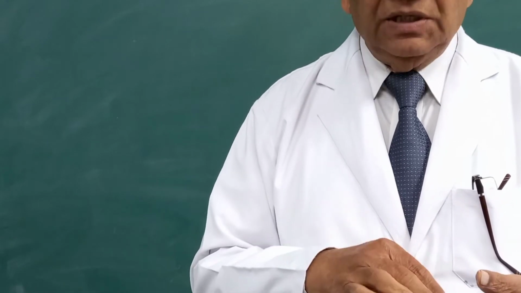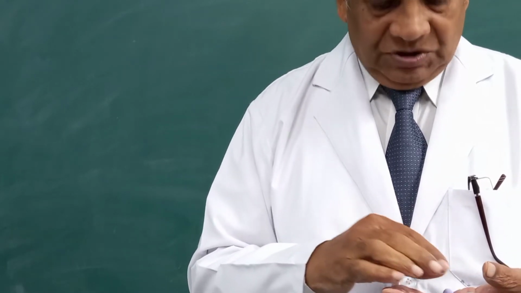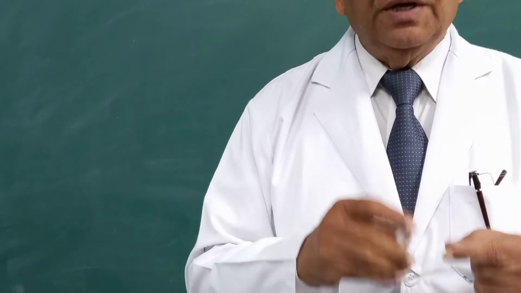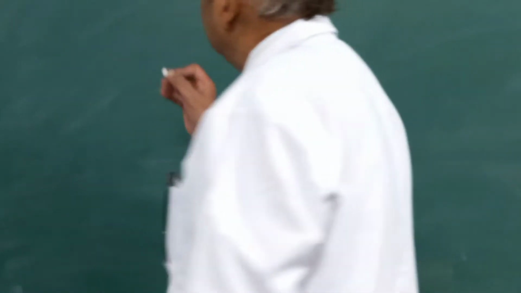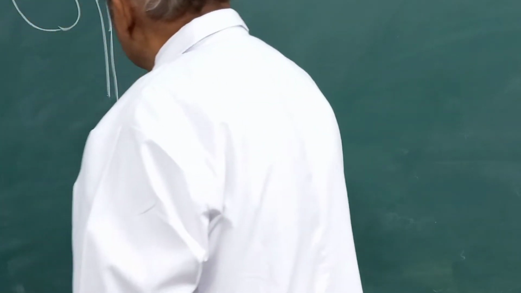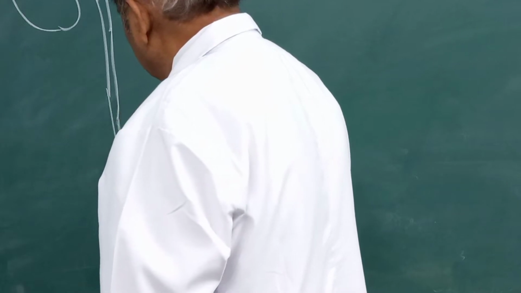Now this epithelium, transitional epithelium, is found in the urinary tract. That means beginning with that of the kidney. Suppose this is the kidney here, and from this kidney there begins the pelvis of the ureter, which becomes the ureter proper.